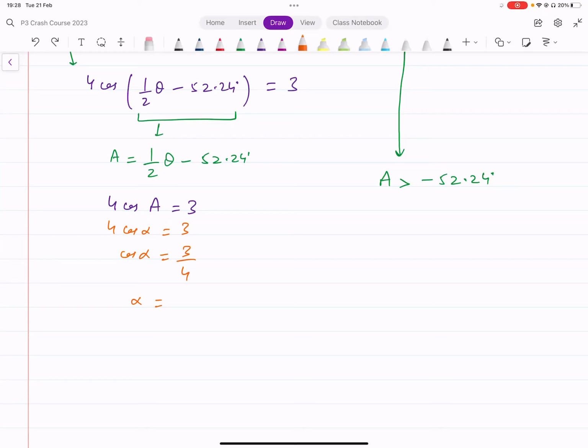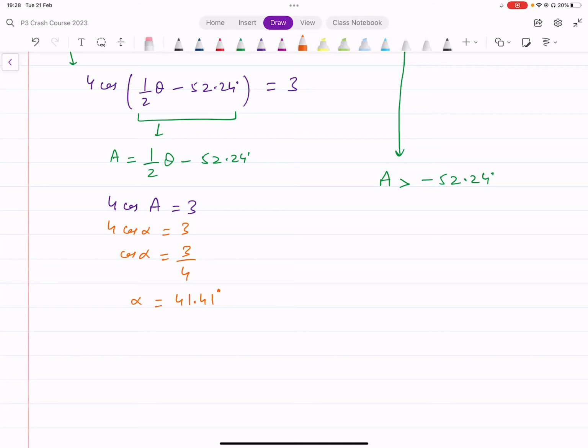What do we get from this? 41.4 degrees. 41.41 degrees. Okay, we want more accuracy so that our final answer turns out to be accurate. 41.41 degrees. This is the value of alpha.